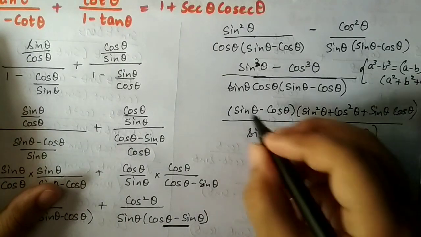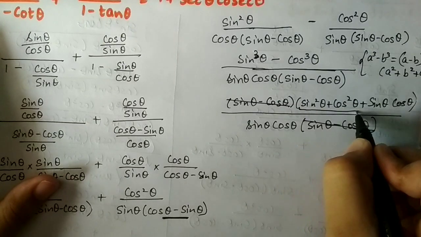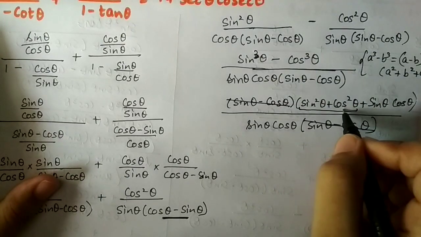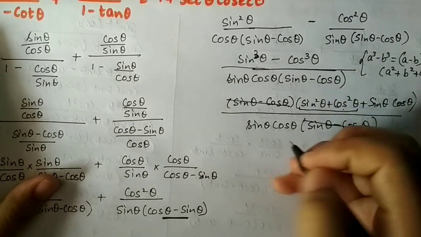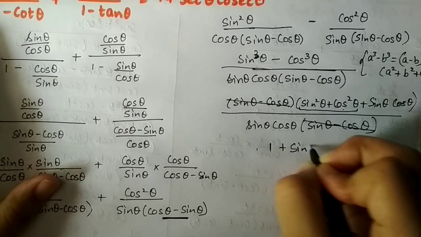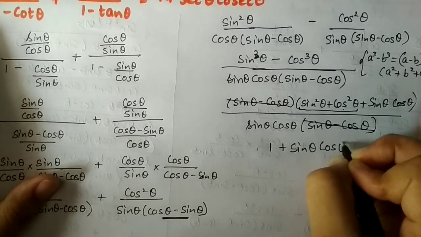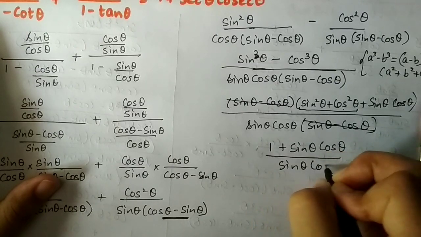Now this term will cancel out and you can apply here the identity of sin square theta plus cos square theta is equal to 1. So instead of these two terms you can write 1. So you have in numerator 1 plus sin theta into cos theta upon sin theta into cos theta.